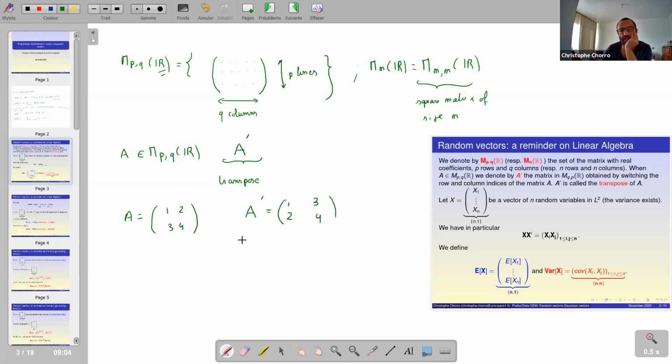This is the transpose. I will use some tricks concerning the transpose of a matrix later. Typically, the fact that if I take A prime prime, of course, I recover A. It's one property among others.